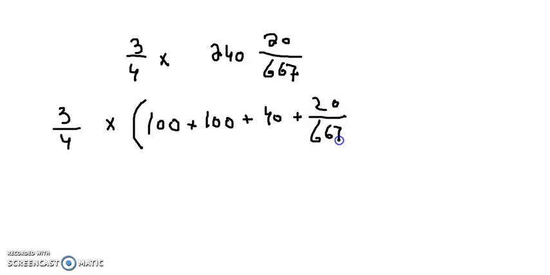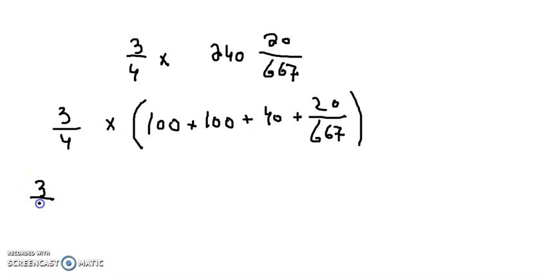We cannot break this one because 667 is a prime number, and also because this is already a proper fraction, so we should keep it this way. Now we can multiply 3 by 4 with all the breakups, which is going to make our calculation easy.